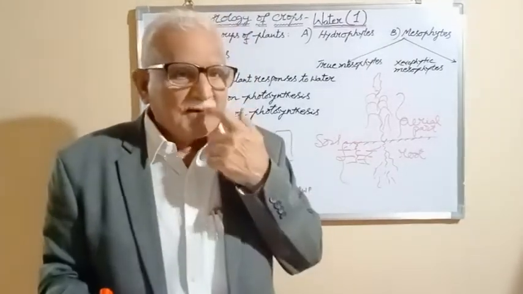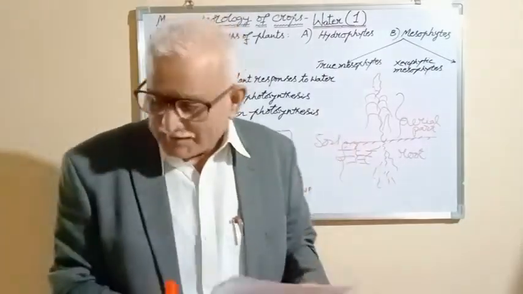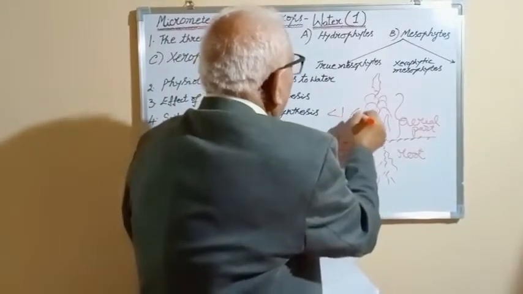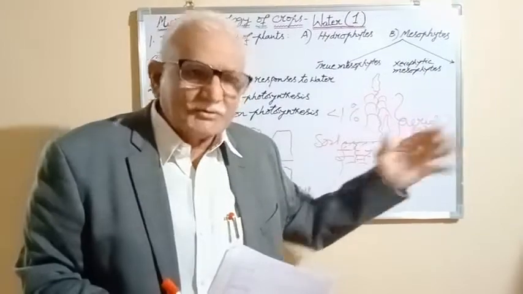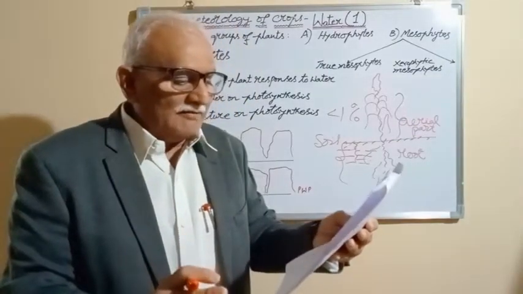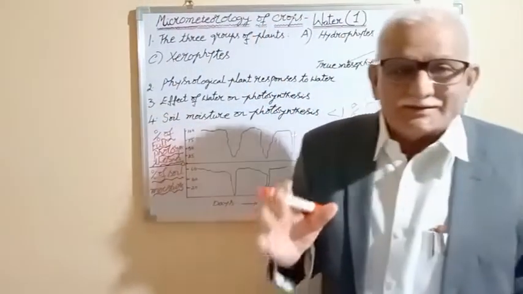Here I would like to share with you a few more points. Less than 1% of the water is only utilized in photosynthesis. Again, water deficits in the plant have a profound effect on the rate of photosynthesis.